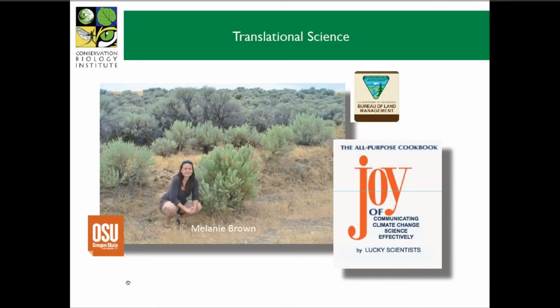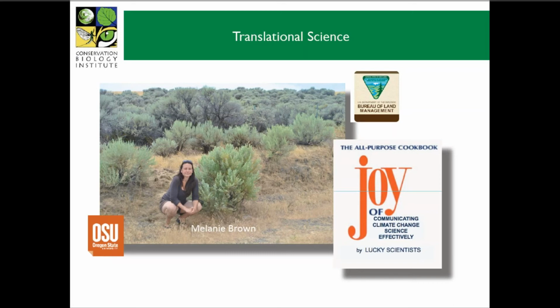And so this was the beginning of this project, focusing on Sagebrush. 2 years ago, I hired Melanie Brown, who was my undergrad student at Oregon State University, and we decided that we were going to work with managers in Eastern Oregon and Western Idaho and get them involved so that we could design a better tool for them to help them get information about climate change and the future that their landscape might be coming to, and the best way possible, the way that they would really be interested in getting onto the web and use our tool.